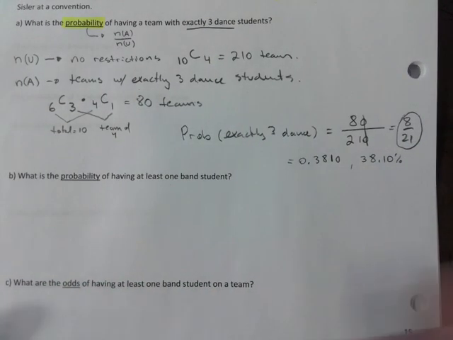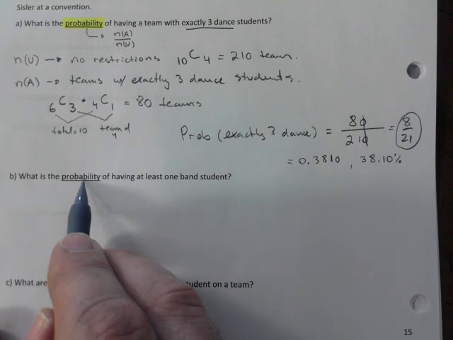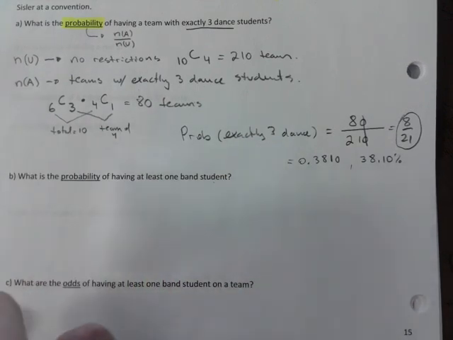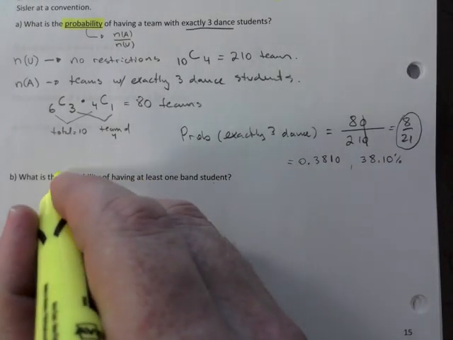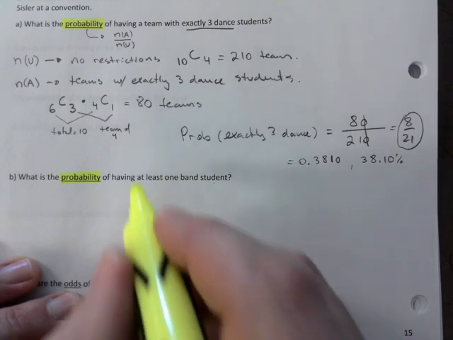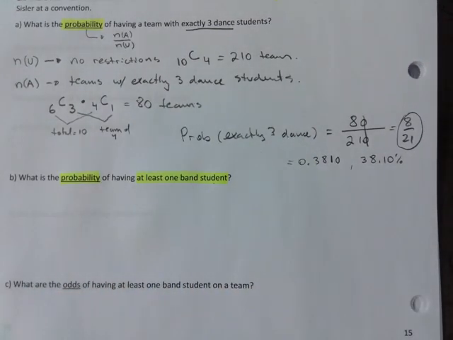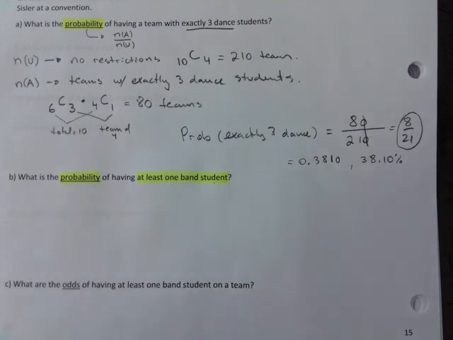Let's try that one more time. What is the probability of having at least 1 band student? First of all, the probability is important. At least 1 band student. I know this is adding a lot to the mix here. It's Friday, right?